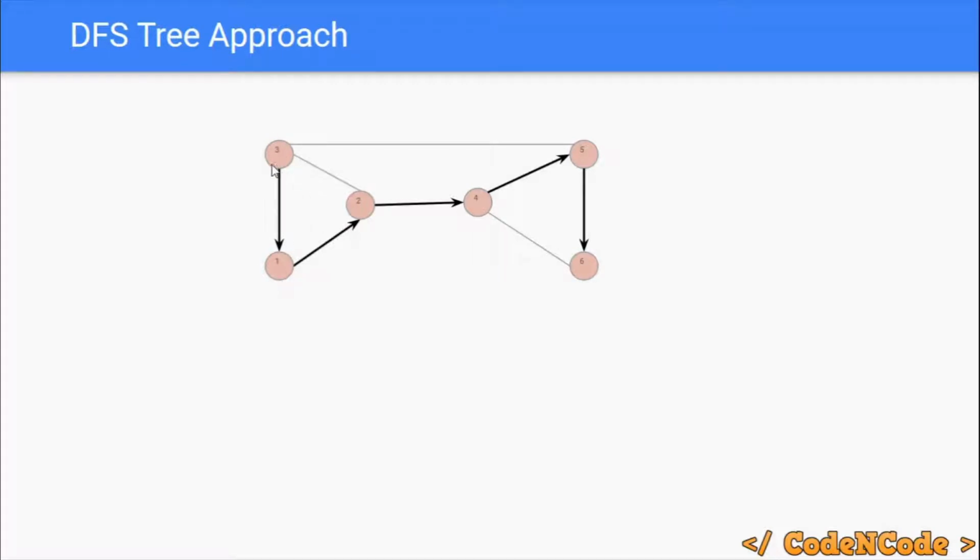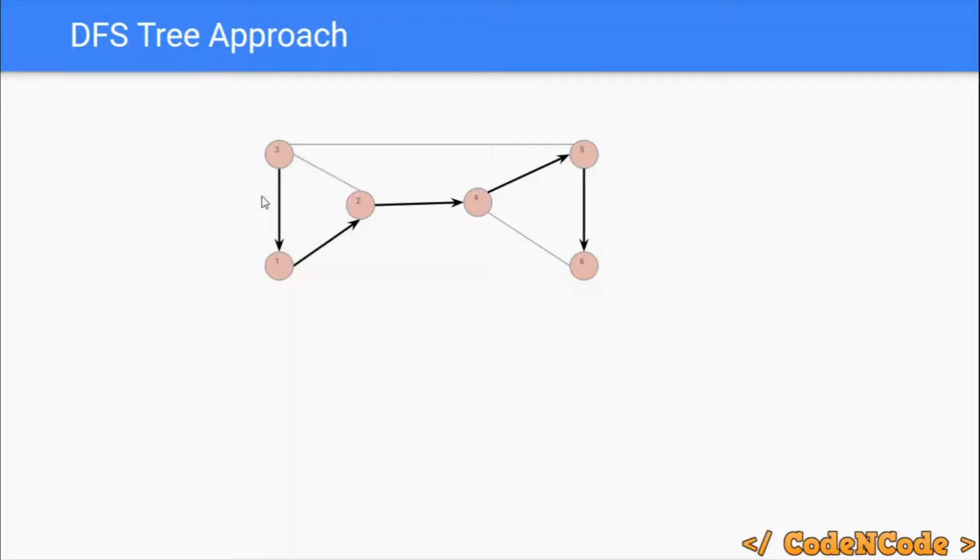This was root, so this is a parent, and node 3 made a DFS call to node 1, which means node 1 is a child of node 3 in the DFS tree. So in the DFS tree, you can orient all of the forward edges from root to node, or from parent to child.